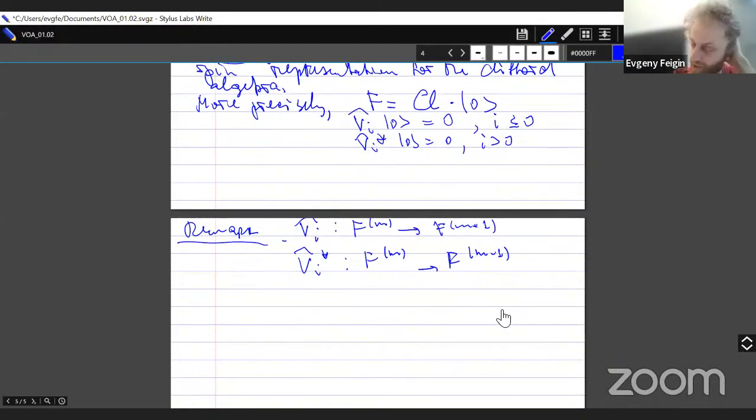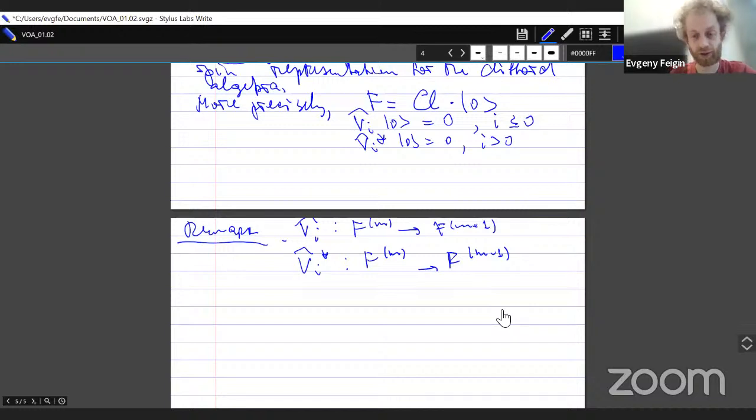This is the obvious remark, because v_i hat wedge and v_i hat star contract. Very good. Now, how do we proceed?